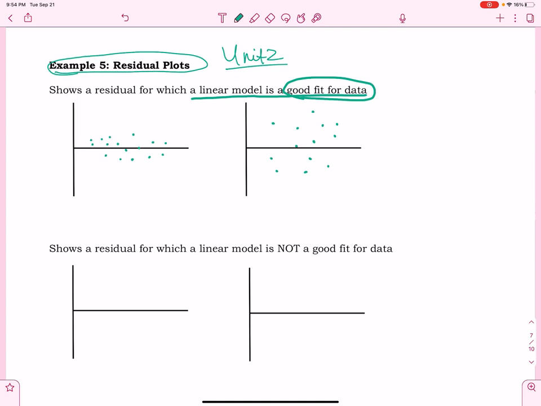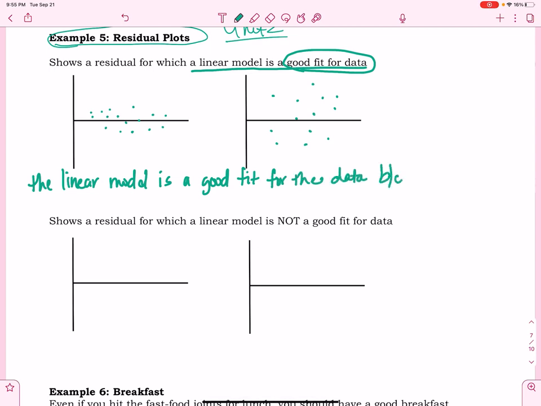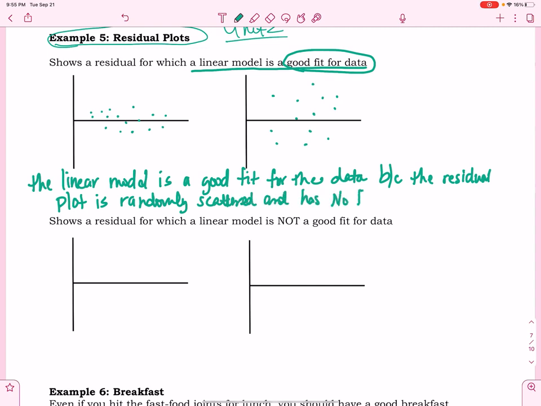So if I were looking at either of these residuals, my response would be that the linear model is a good fit for the data because the residual plot is randomly scattered and has no form.